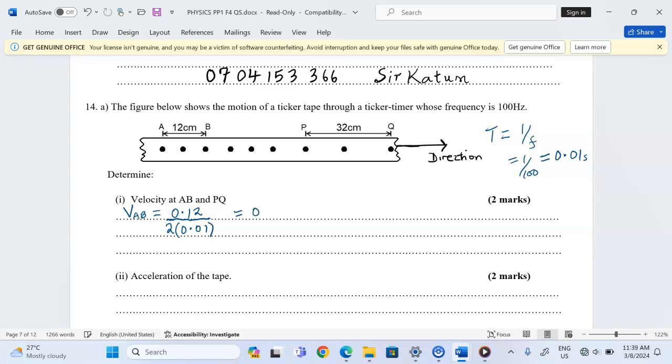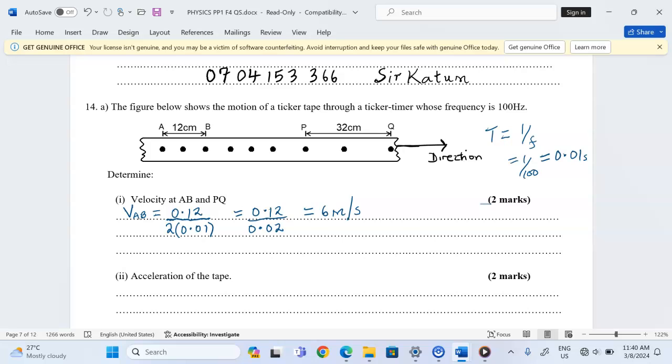So that now we are dividing 0.12 by 0.02, and this is going to give us exactly 6 meters per second.